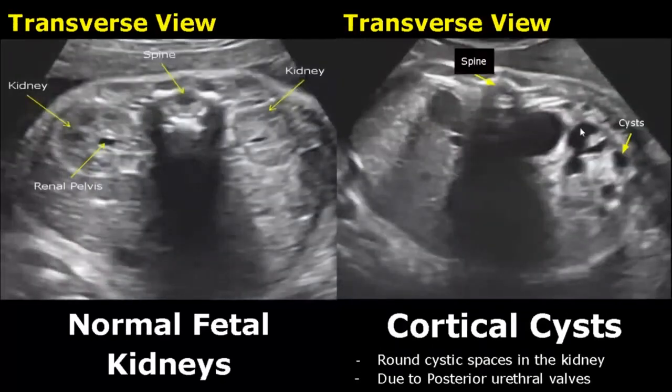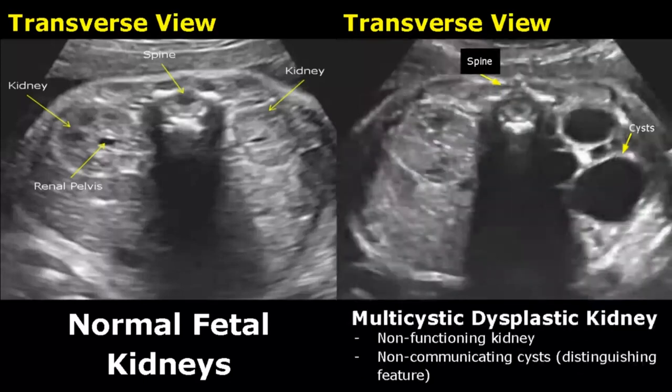We have another case of posterior urethral valves showing us cortical cysts in the kidney. You can also notice the hyperechoic appearance of the kidney. Multicystic dysplastic kidney is a congenital disease in which we have a non-functioning kidney.